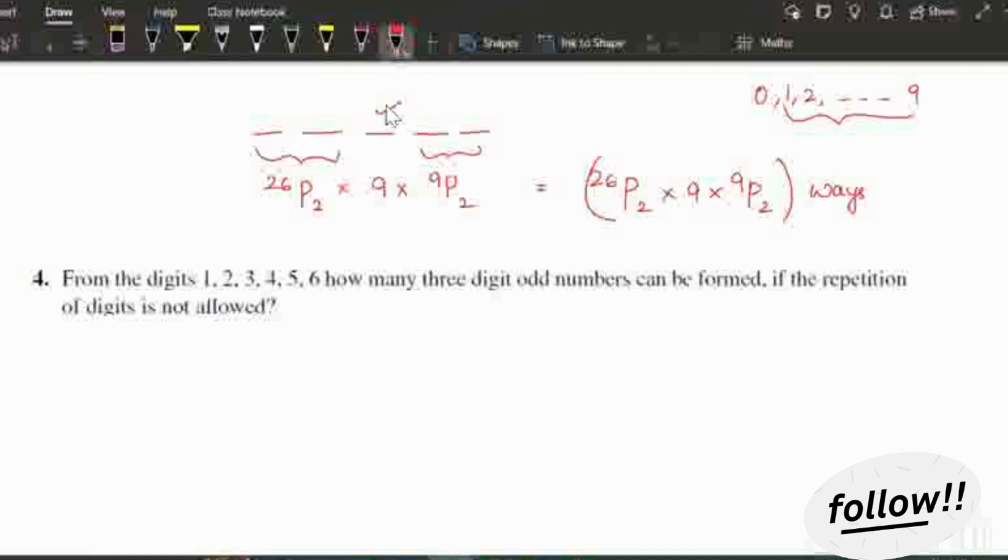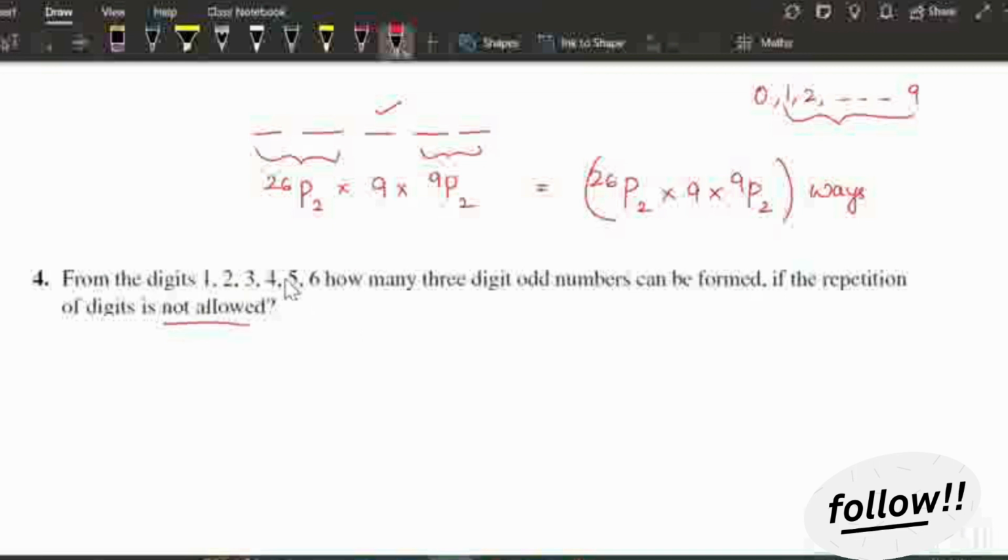Unless it is mentioned, if nothing is given, then we are going to consider that repetition is not allowed. So here they have given repetition is not allowed, which is basically the formula for nPr. So you don't have to bother about this not allowed thing.